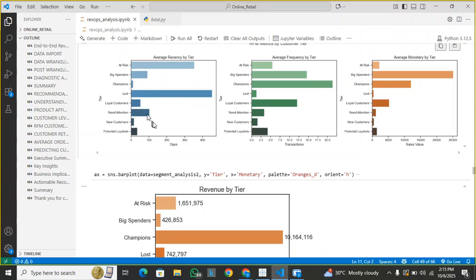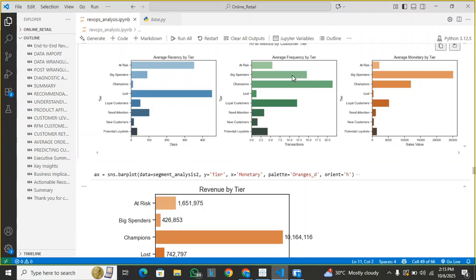So this chart shows the average recency, that is the average time since each segment's last purchase. And we see that the lost customers have the highest average recency, followed by at risk and need attention, lastly big spenders.